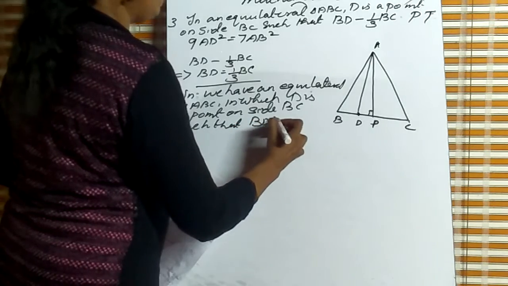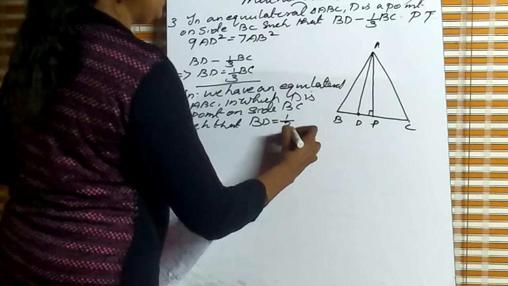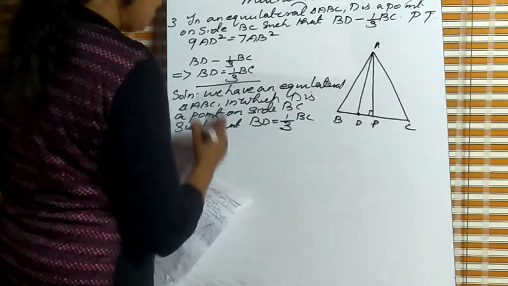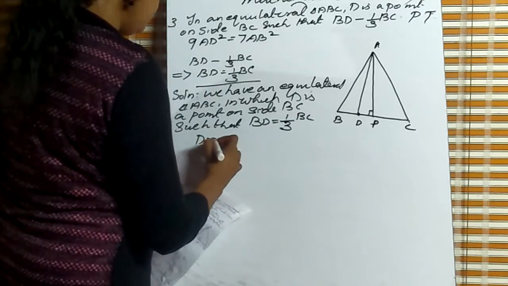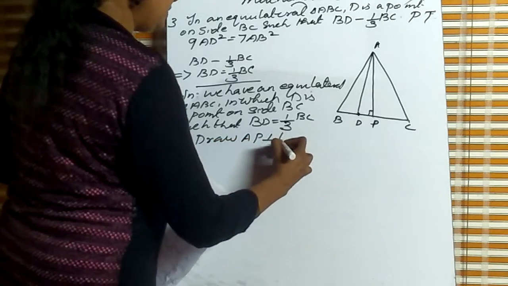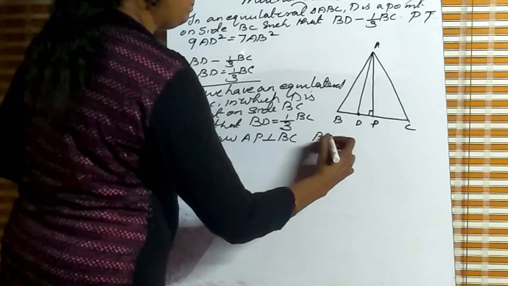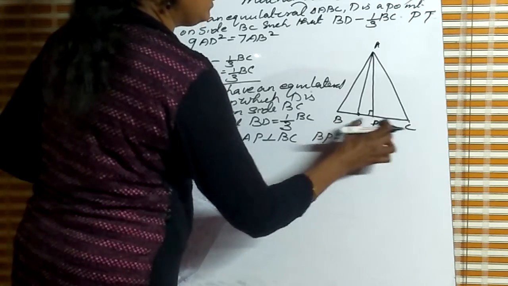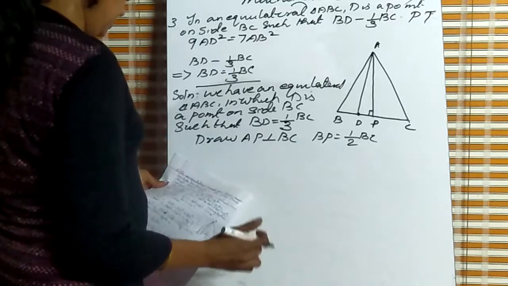BD is 1 by 3 BC, means BD is equal to 1 by 3 BC. Now draw AP perpendicular to BC. Also BP is equal to half BC. BP is equal to half of BC.